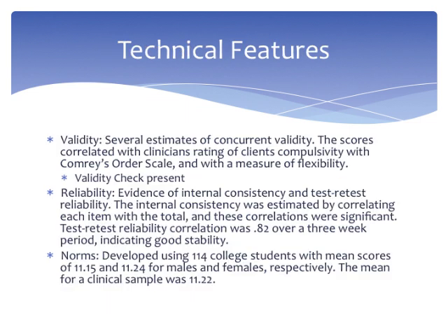So, moving on to validity. There are several estimates of concurrent validity. The scores correlated with clinician ratings of clients' compulsivity, with Comrie's order scale, and with a measure of flexibility. Also on the subject of validity, there's a validity check present inside of this assessment, which I thought was very interesting.